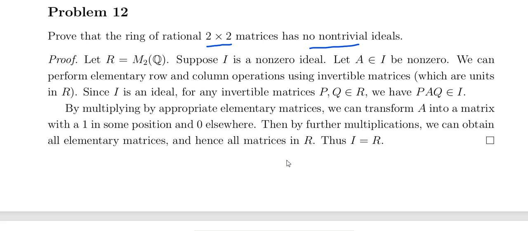By further multiplication we can obtain all the elementary matrices. Hence all the matrices in R are in I, therefore I should be equal to R. Therefore the set of 2 by 2 matrices with rational entries has no non-trivial ideal, so only trivial ideals are there.